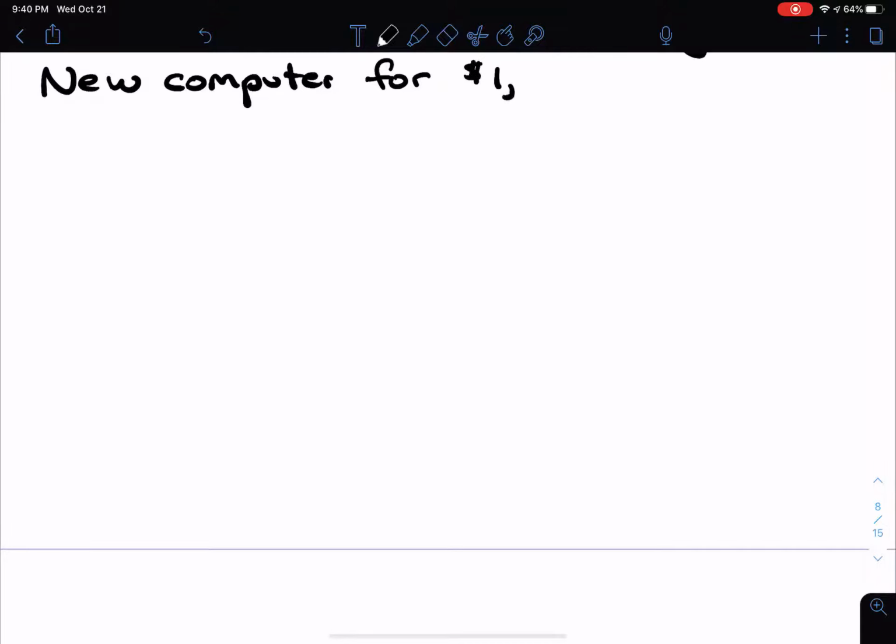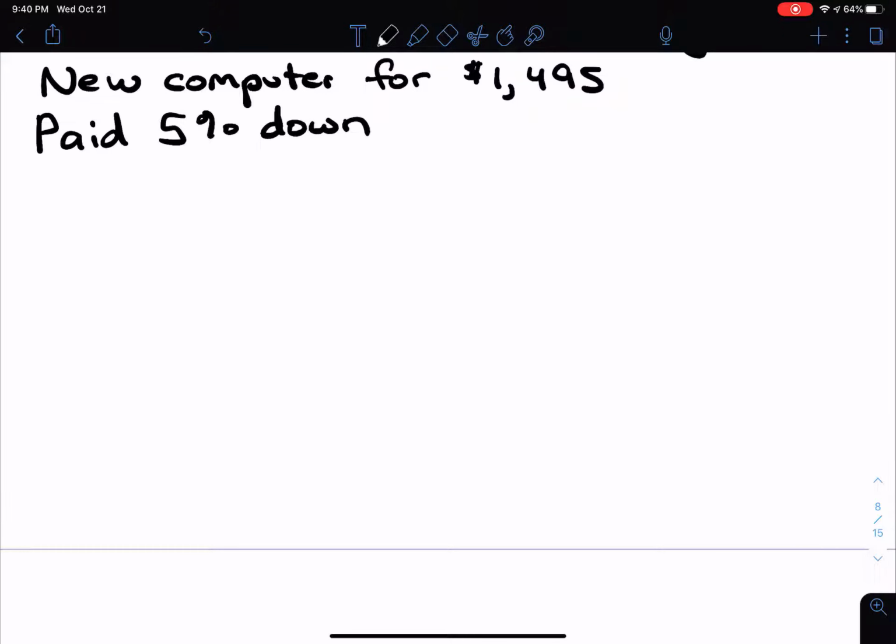And this other example I'm going to do, somebody bought a new computer on a monthly payment plan. The computer was $1,495. The person paid 5% down. So the person did not do a loan for $1,495.